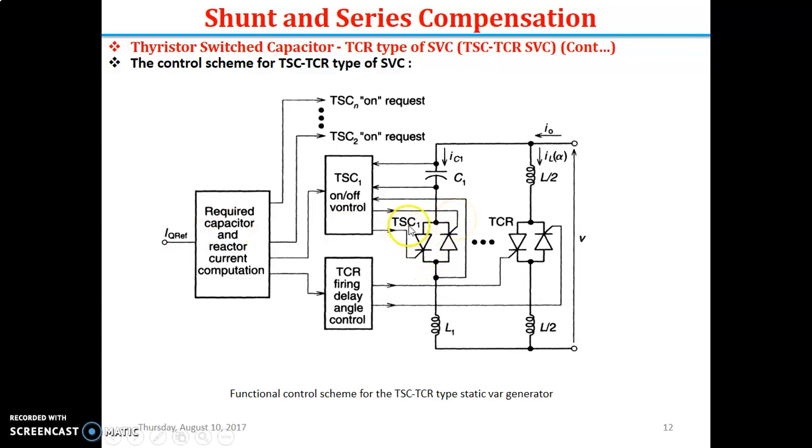So we have n such capacitance branches, and ultimately we have one TCR branch.